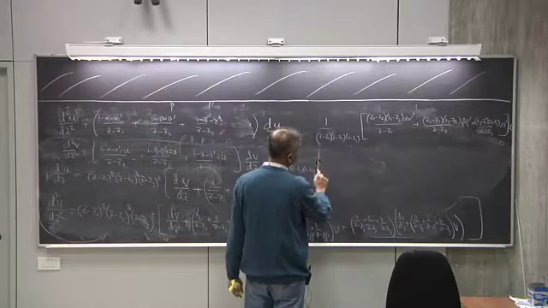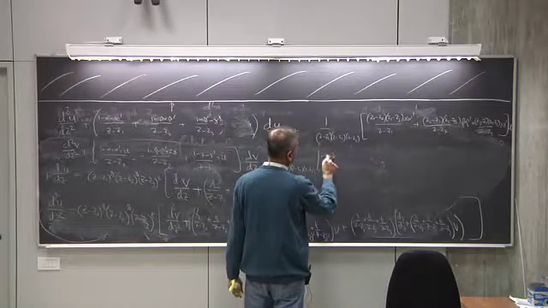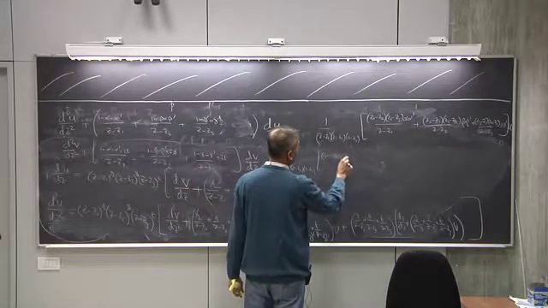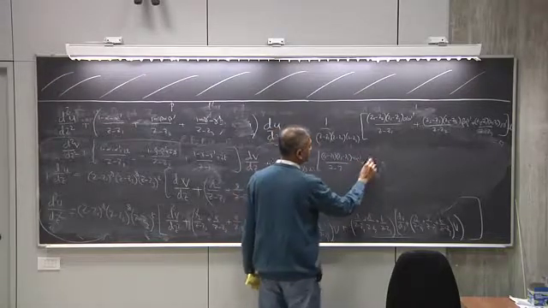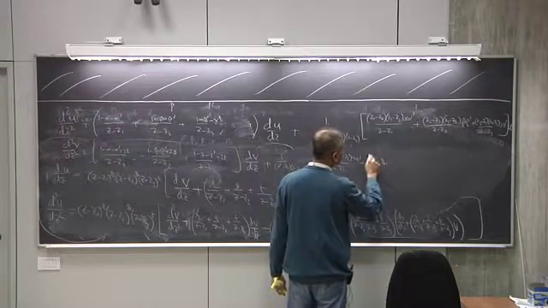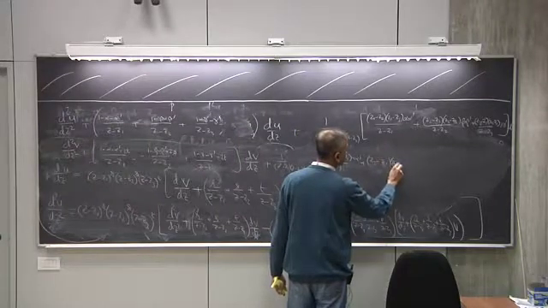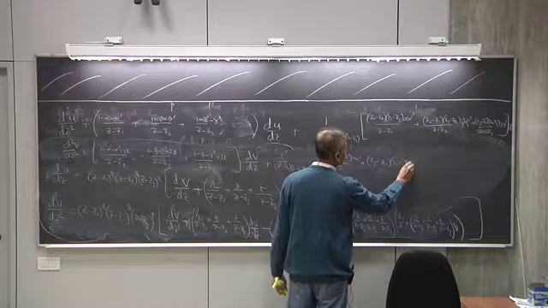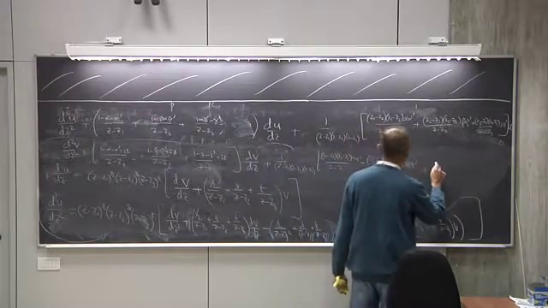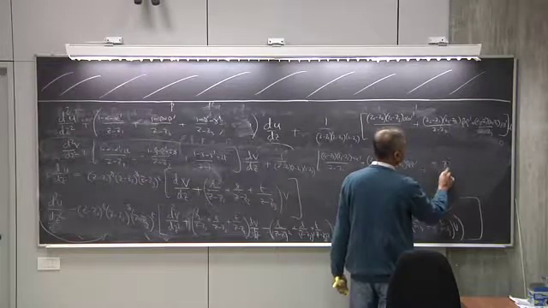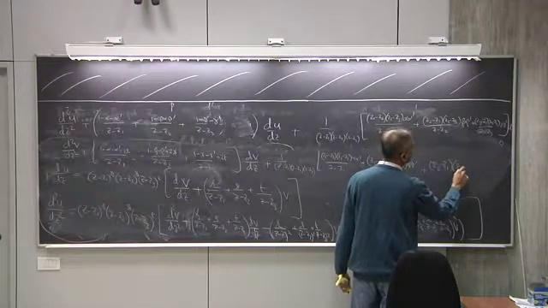There are many pieces, unfortunately. Plus all of these terms. But then I have to also take care of the remaining pieces. It requires some algebra. Maybe I should just leave it to you to try that, at home.